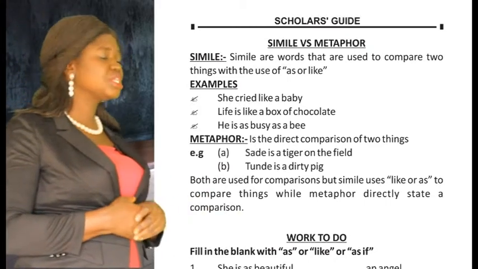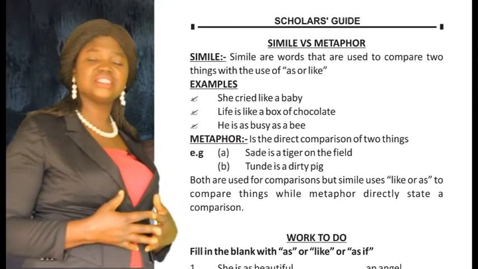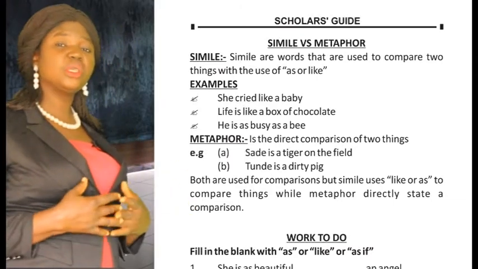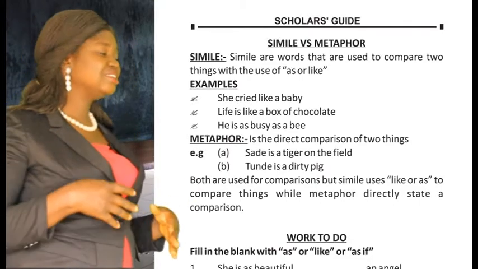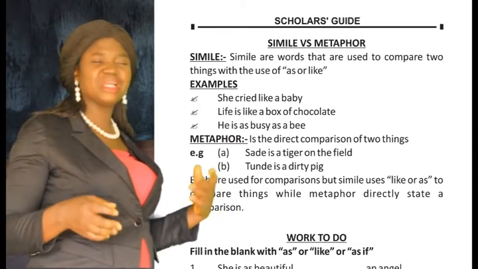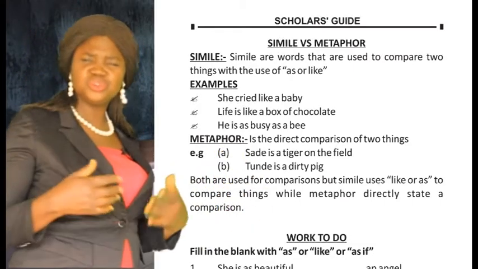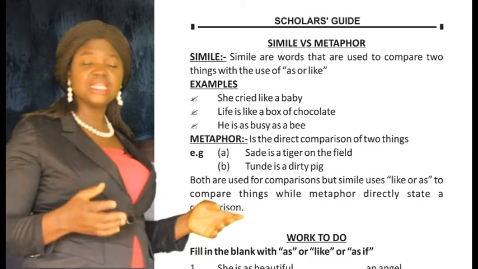Our second example says, Tunde is a dirty pig. You see, you know a pig is an animal that lives in the swamp area. They love to get into the swamp, and they are usually dirty, you see, usually dirty. So this Tunde is also a boy that is dirty.